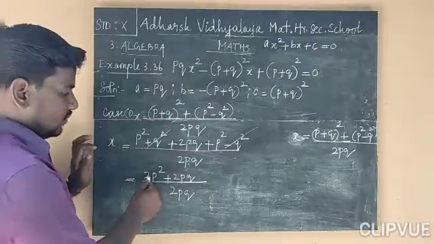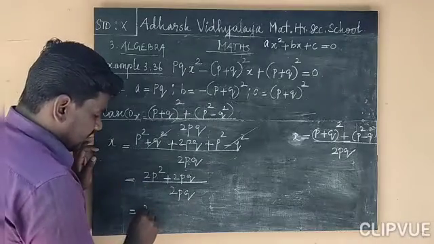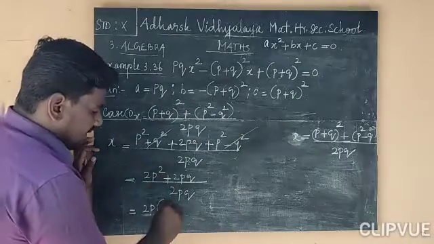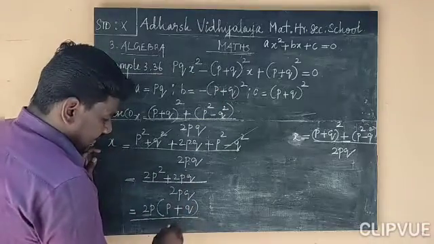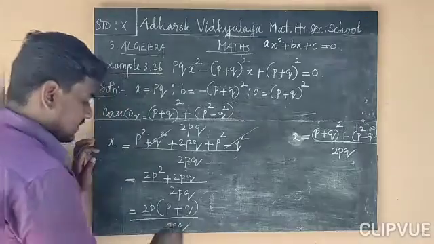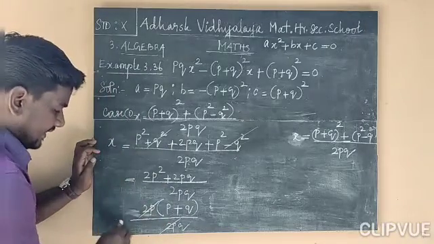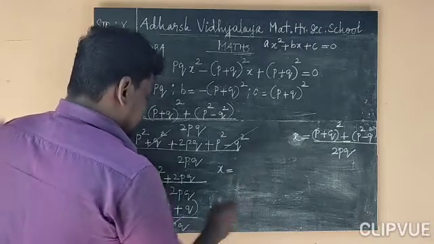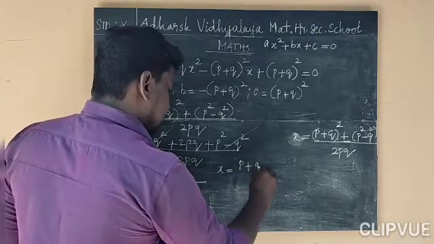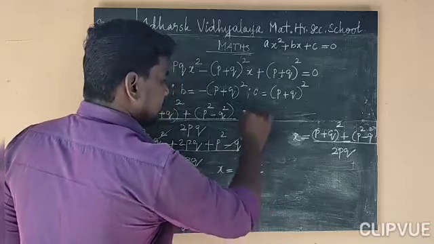Look at this, in the numerator we have 2p as a common factor. If you take that out, p will be there, p plus q will be there, divided by 2pq. This 2p will be cancelled. So what do we have? x is equal to (p plus q) divided by q.